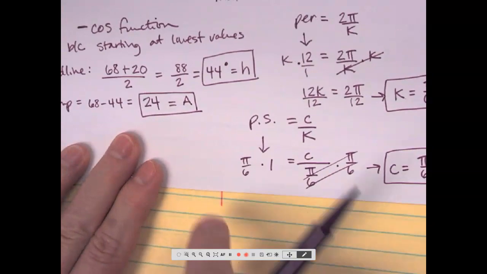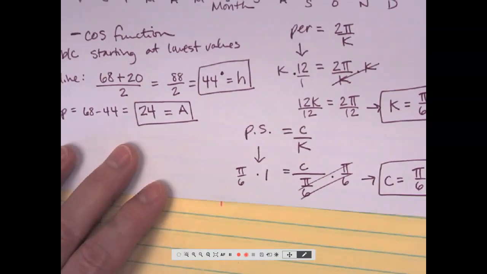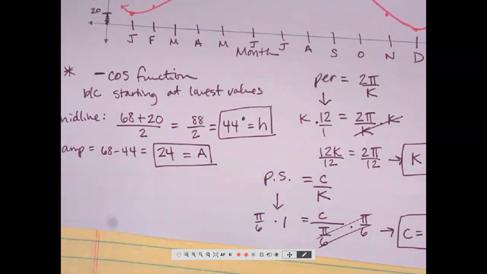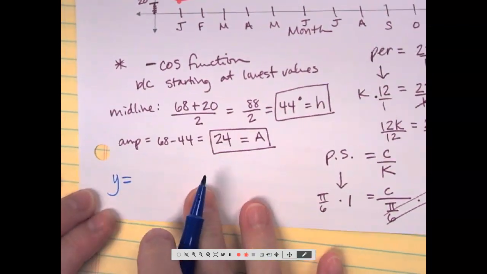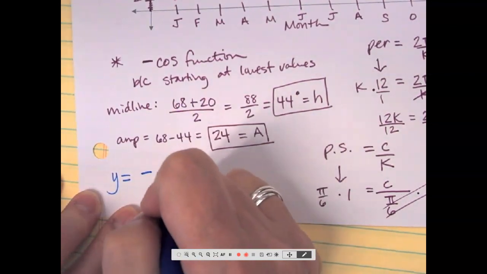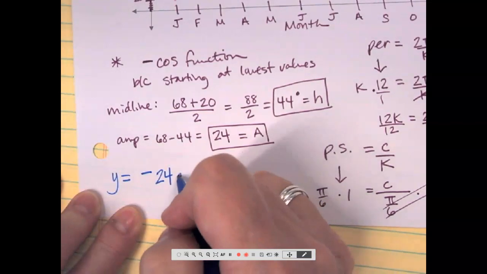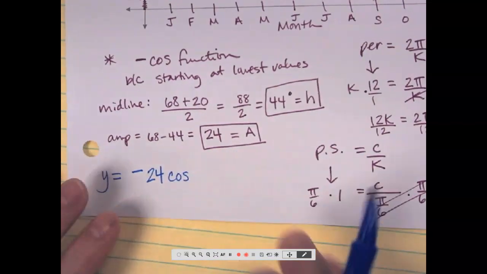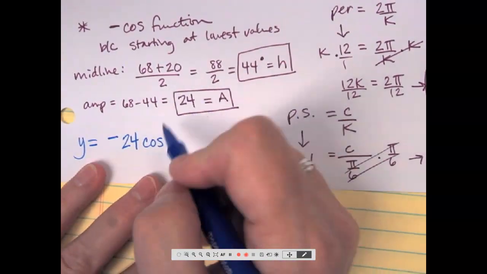Okay, so once I have A, K, C, and H, then I can put it all together in my equation. So here we go. My equation is y equals negative 24, because it's starting at a low point, not a high point. It's been reflected. Cosine of k times theta.